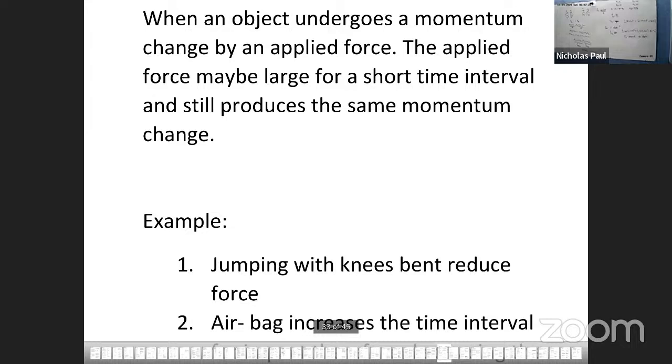So when you jump, you have a mass, and there's definitely a change in momentum. What you want is you don't want that force to be larger than your knees, right?